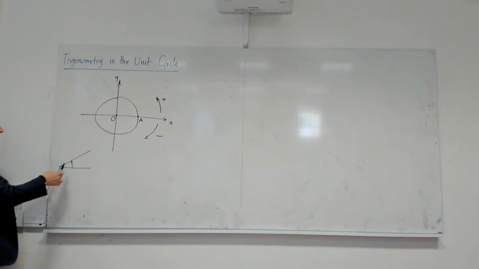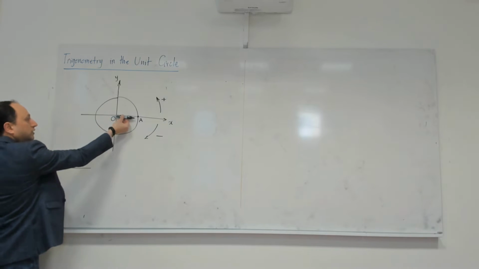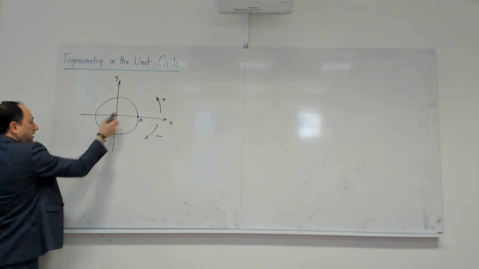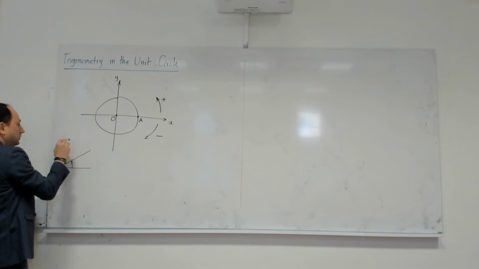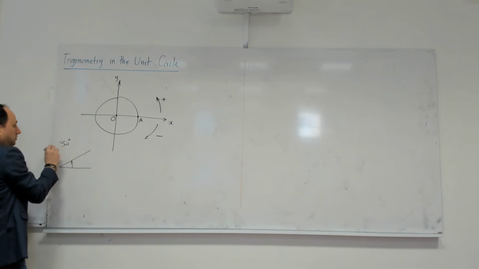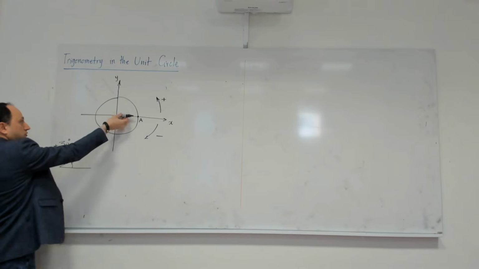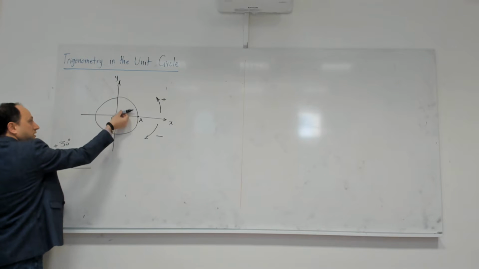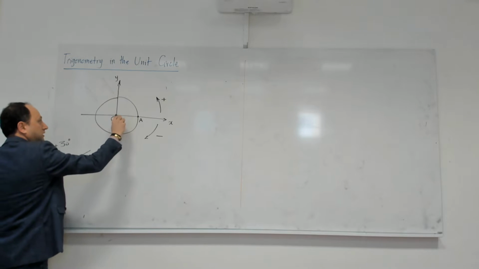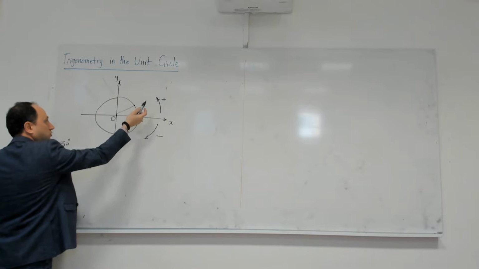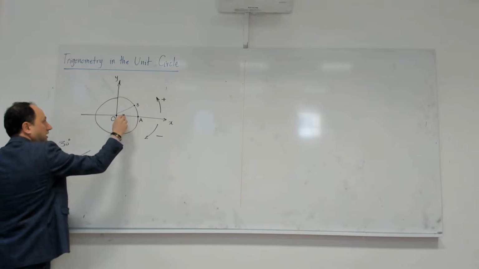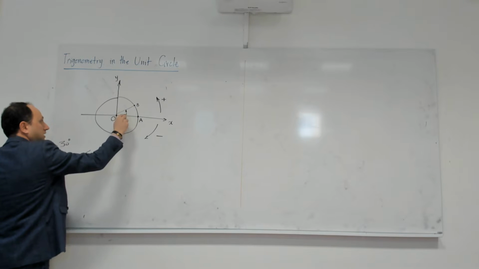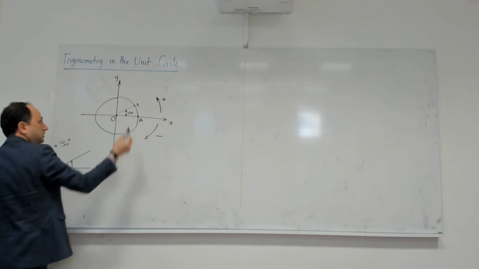So if, for example, it is 30, you start always from here, and when I say 30 degrees, without any sign, I of course mean positive 30. So you start rotating 30 degrees in the positive direction. For example, you reach somewhere here, and this gives you a point, I call it B, and this angle that you see here is called positive 30 degrees.